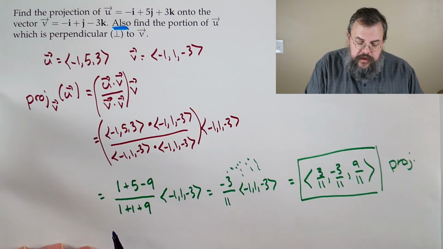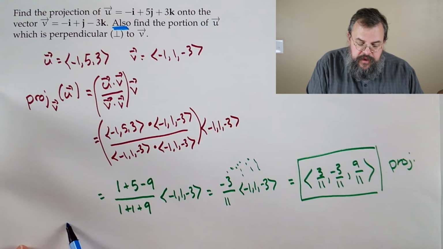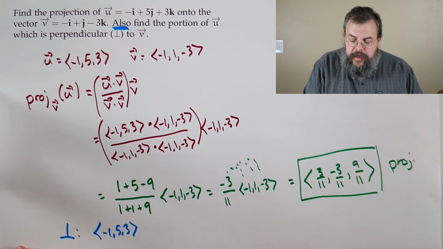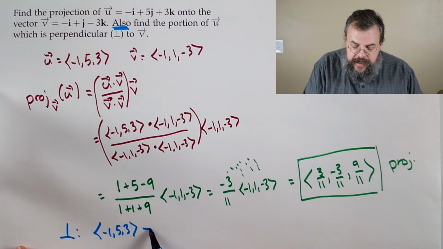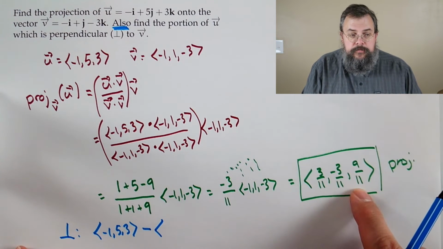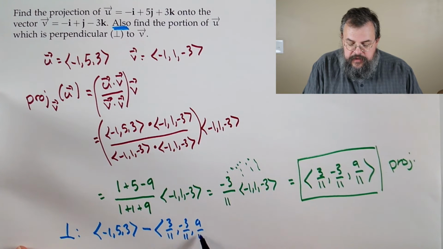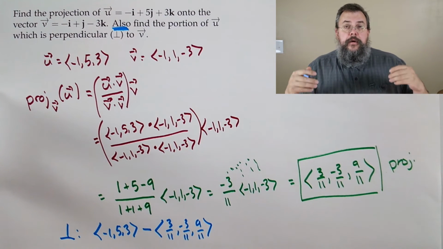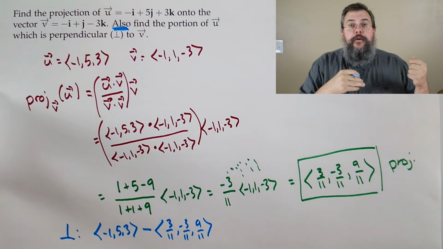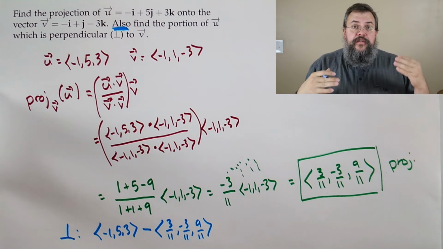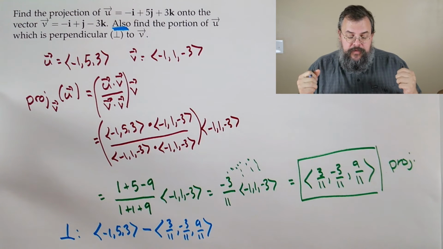Well, you take your vector u, (-1, 5, 3), and now you subtract your projection, (3 over 11, -3 over 11, 9 over 11). So we're taking u and pulling out the part that's in the direction of v. Whatever's left has to automatically be perpendicular.